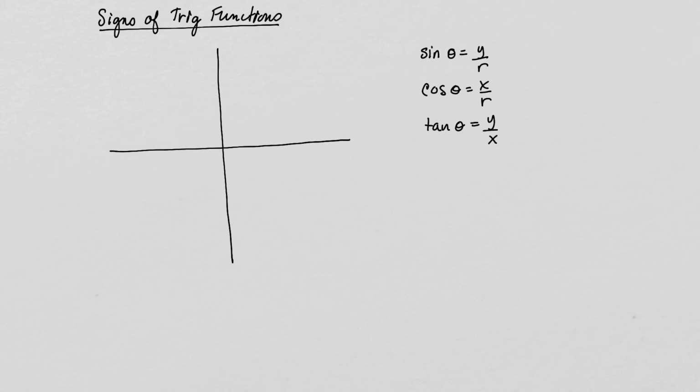Also remember, the sine and the cosecant are related, so the cosecant of theta would be r over y, the secant of theta would be r over x, and the cotangent of theta would be x over y. We're going to come back to these definitions in a second.